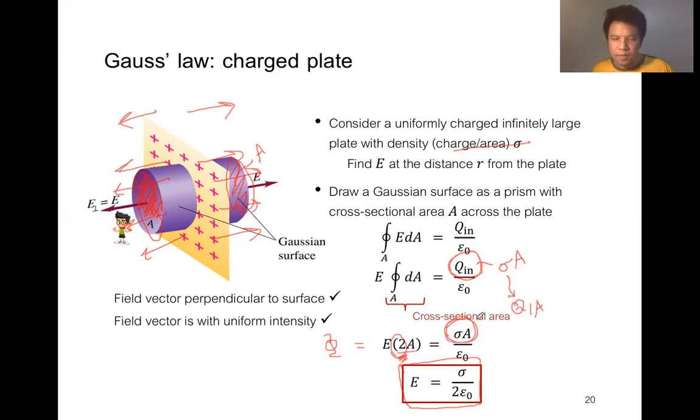So from Gauss's law, we start with finding the flux, and then finding the electric charge inside, which is sigma A. And finally, we can easily derive the electric field that is generated from the plate.